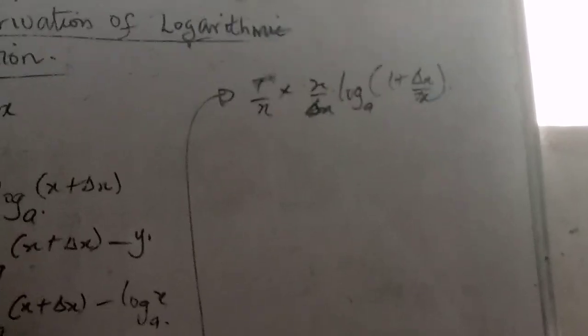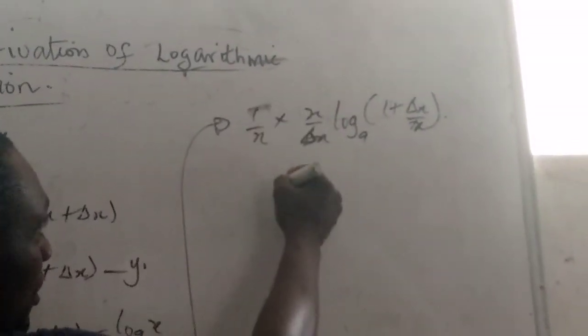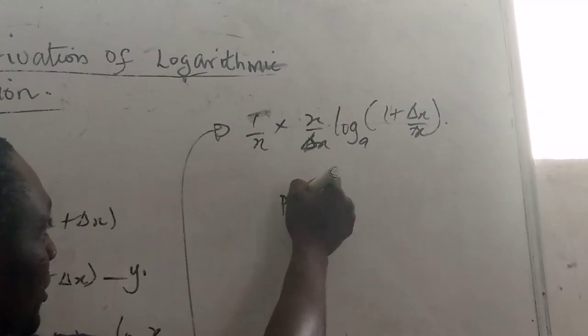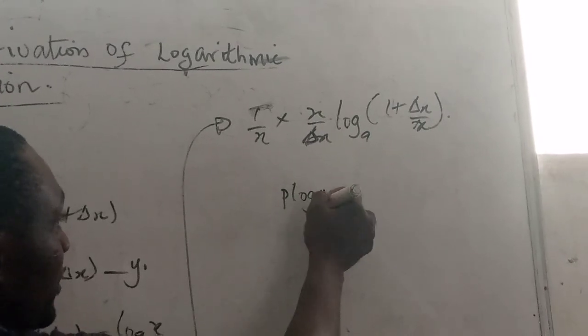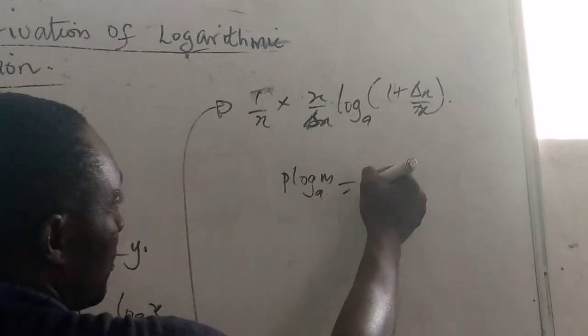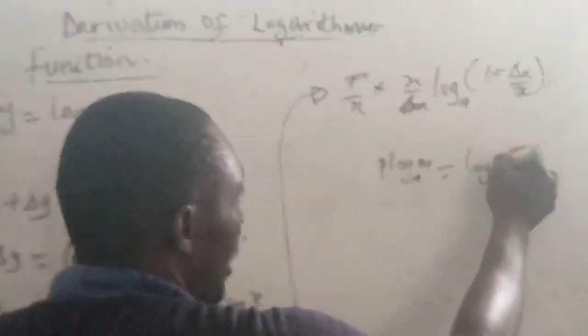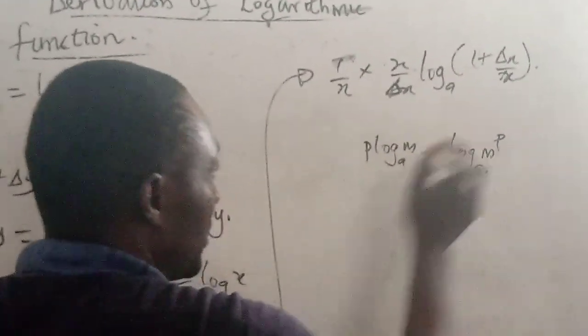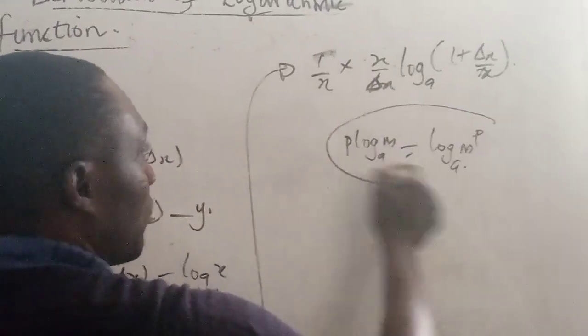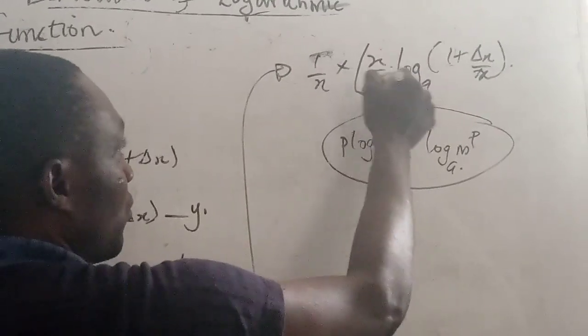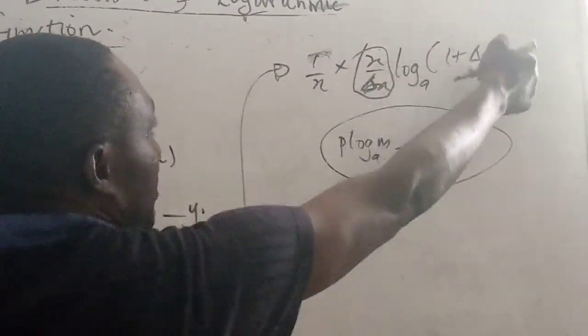So by applying the law of logarithm again, remember that if we have p log m to base a, that becomes log m to the power of p, base a. So I'm going to apply this law of logarithm to this here, shifting this upward.